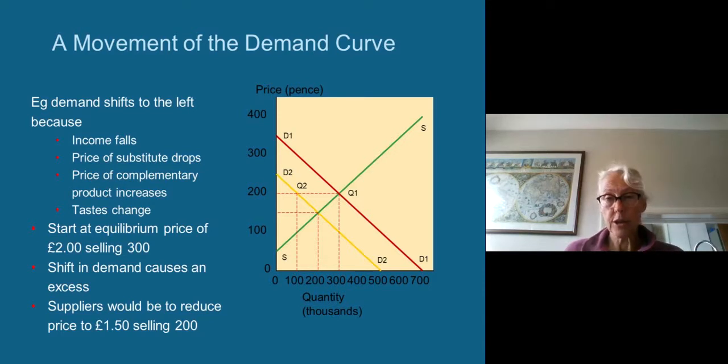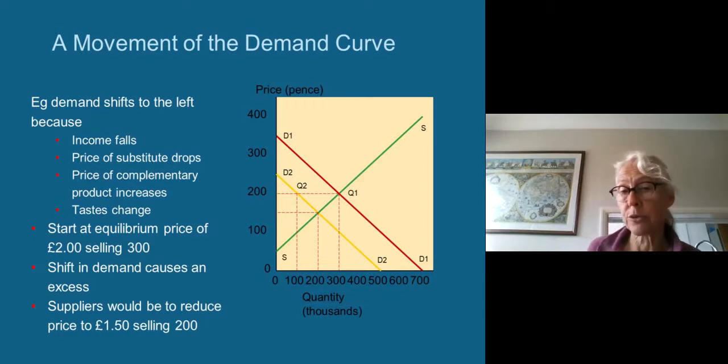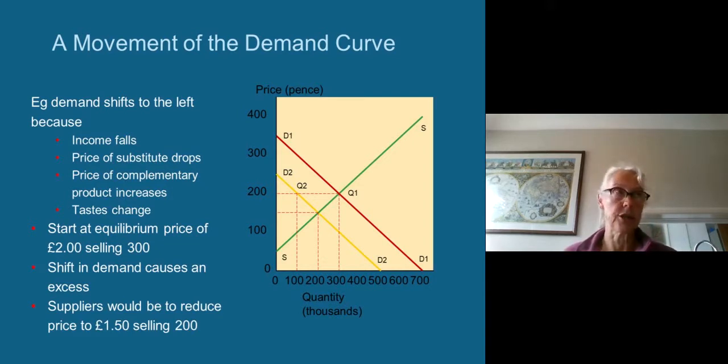So the first demand curve is in red there, and we're going to assume there's a shift in demand to this demand curve D2. So it moves to the left. Now this can happen for all sorts of reasons, but things can be like income falls. There might be a shift in the price of a substitute.